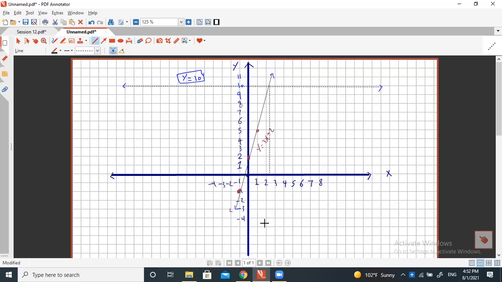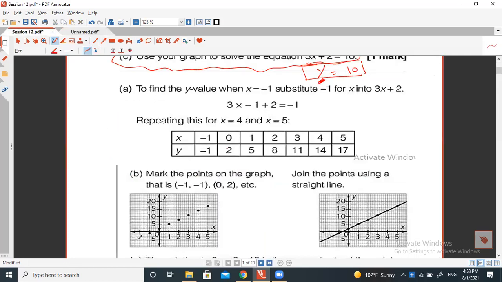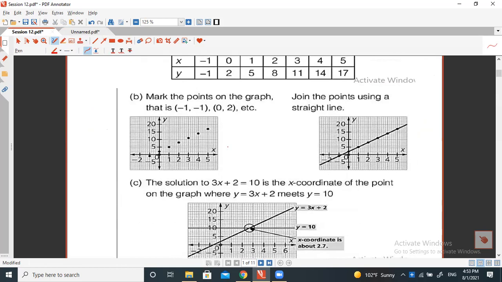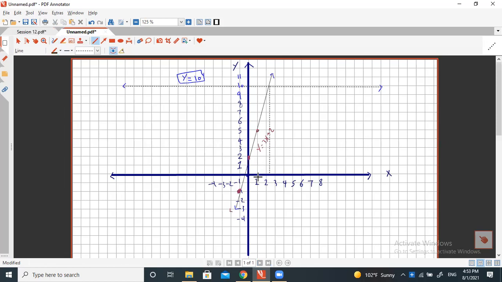It is almost like 2.2, 2.3, something like this. Okay, so the answer is something like 2.5.